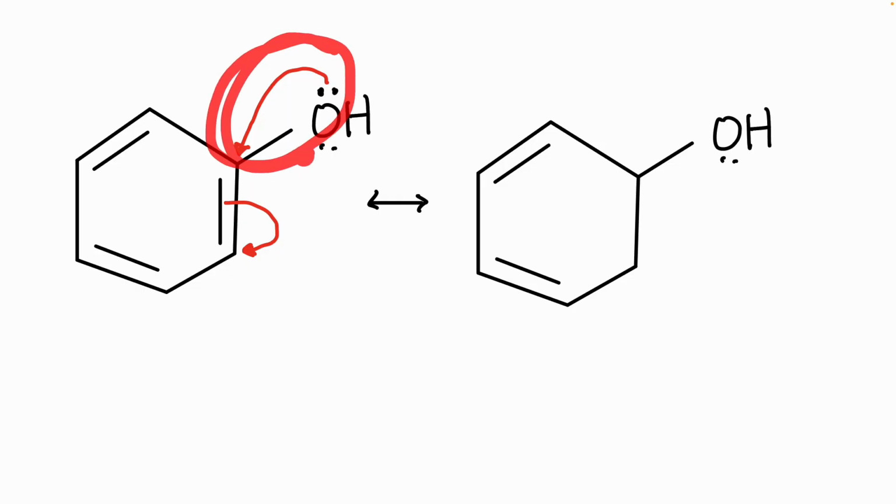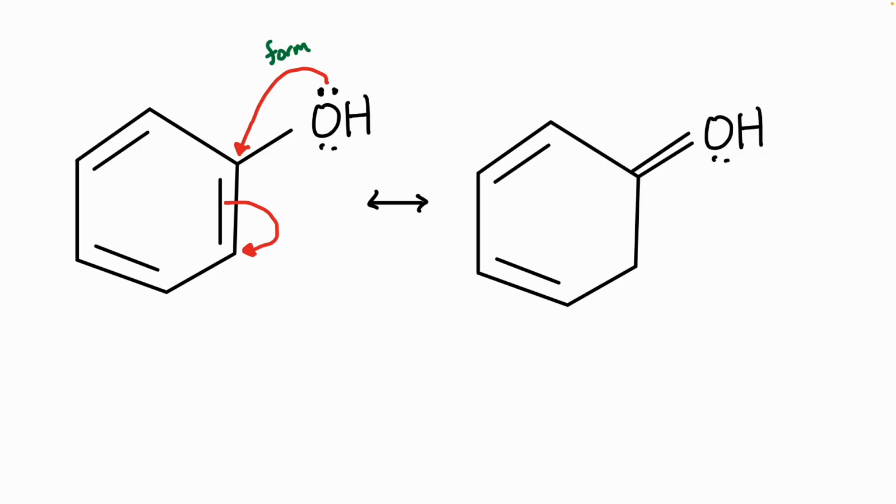This first arrow here would be which one? Bond breaking, bond formation, or both? This is a bond formation. Starting at that lone pair is always a bond formation arrow. So now I have a carbon-oxygen double bond, which means what do I need to add to my oxygen? Formal charge, yep, that positive formal charge.